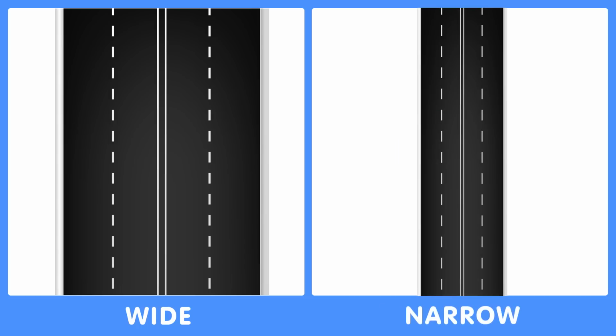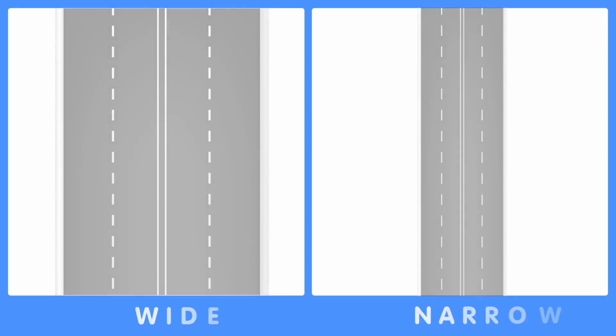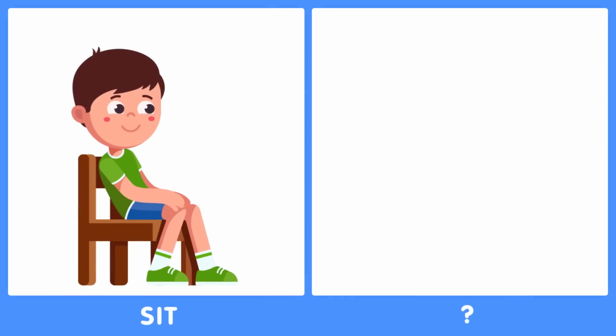The next word is wide. The opposite of wide is narrow. The next word is sit.